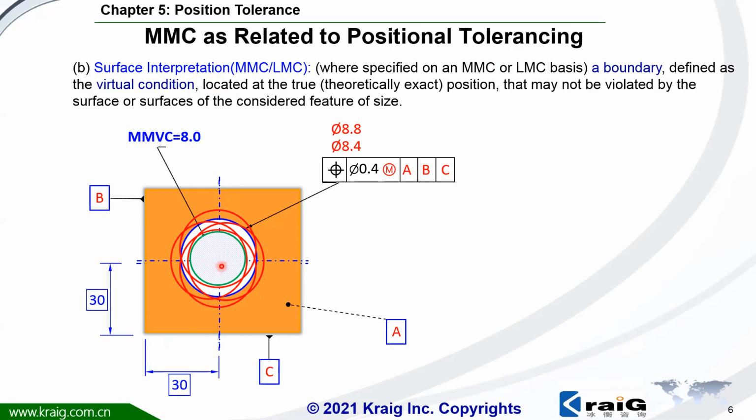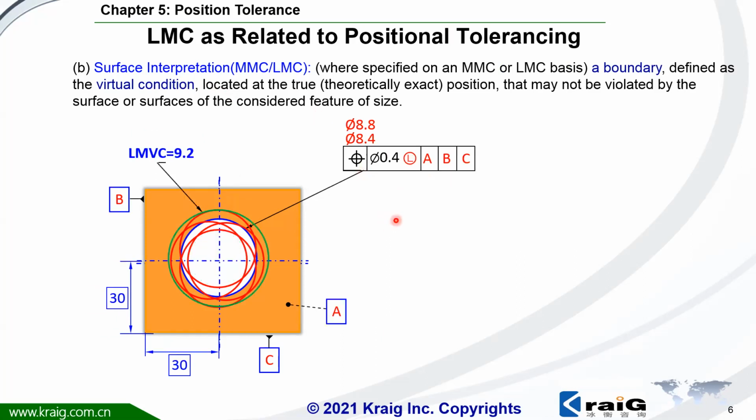The tolerance zone will be flexible because of the bonus tolerance. Same thing for LMC. Here, with LMC, you're going to have a virtual condition boundary. The virtual condition boundary for this joint is the outer boundary here, to guarantee the minimum thickness of these parts, as we explained in the previous module.